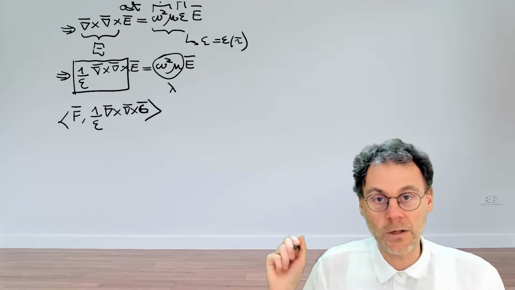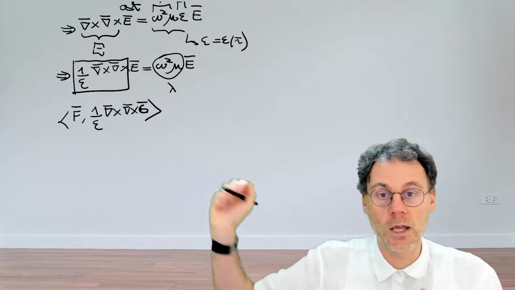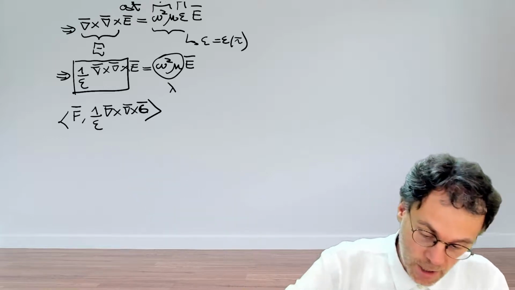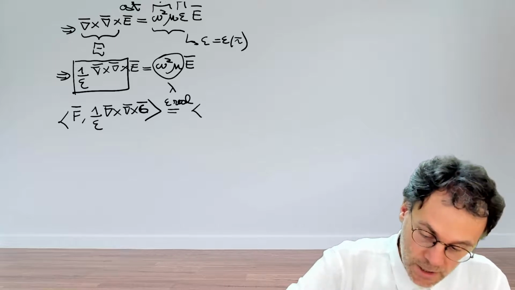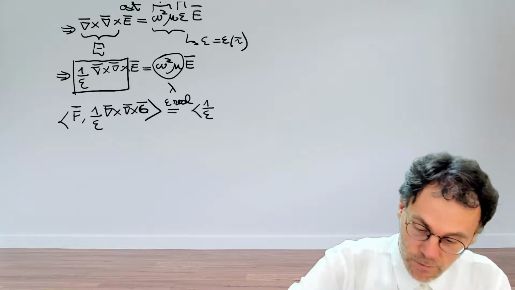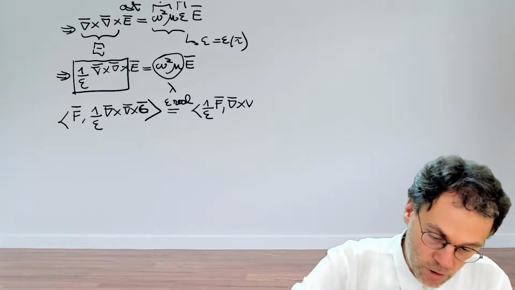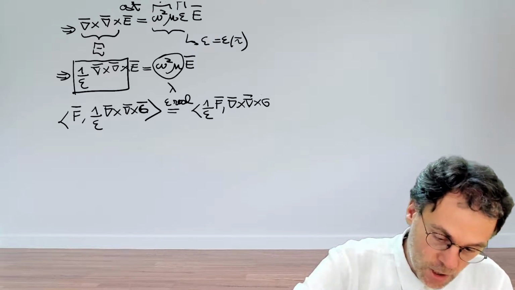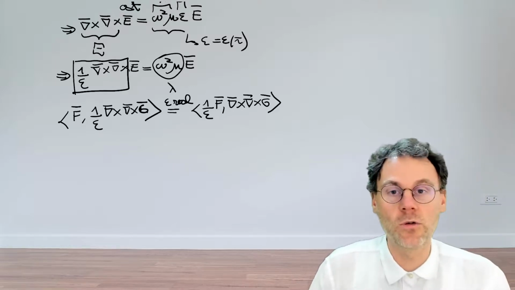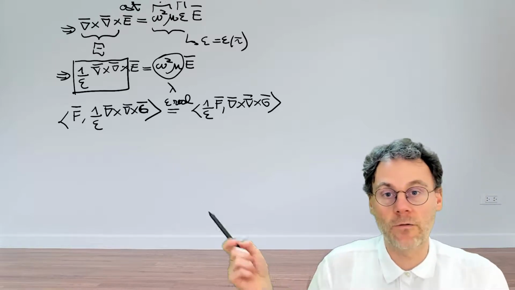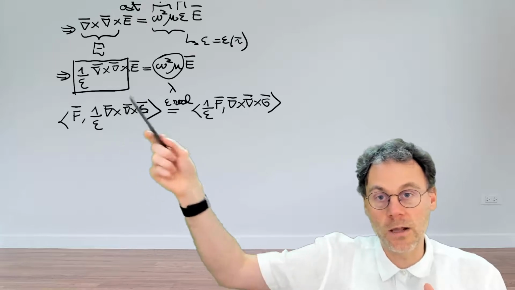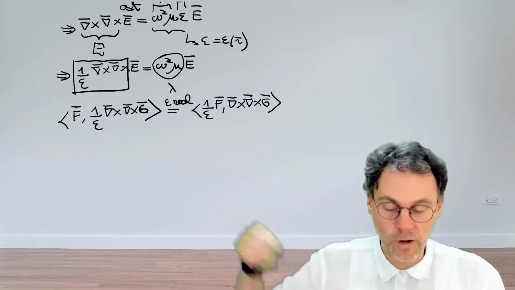We should not forget the fact that this f here is under a complex conjugate sign. So provided that epsilon is a real number, we can indeed write down the following. This becomes 1 over epsilon f, and then we have curl curl of g. So only for lossless materials can we do this, but that way we have started breaking this operator apart and moving it to the first factor.